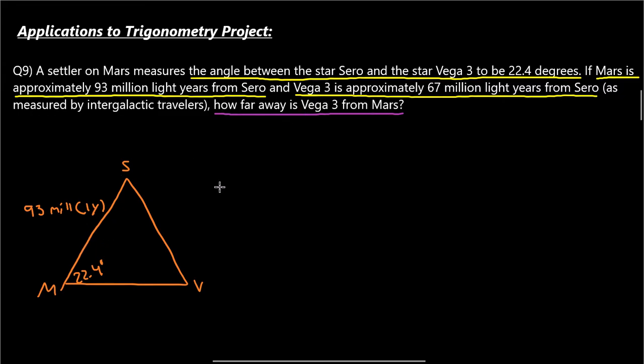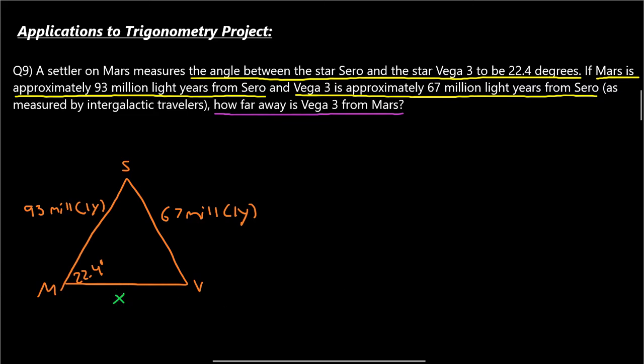Vega 3 is approximately 67 million light years from Cero. This is going to be 67 million light years. And we are asked, how far away is Vega 3 from Mars? We can see this is Mars, this stands for Vega 3, so our unknown is going to be this distance.